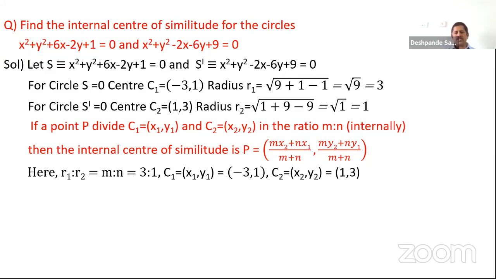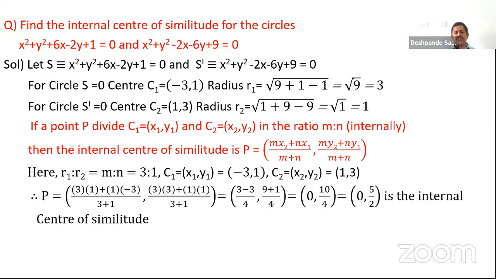So M is 3. So 3 into X2, X2 is 1, so 3 into 1 plus 1 into X1, X1 value is minus 3, divided by 3 plus 1. So 3 into 1 plus 1 into minus 3.